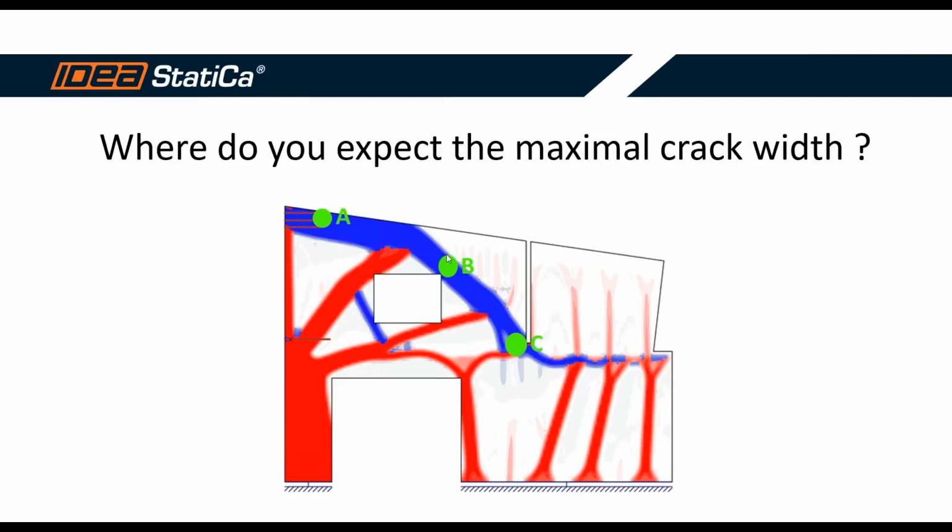B, next to the corner of the opening. Or C, somewhere here in the middle part of the wall. Please pick your selection A, B, or C and type the letter into the question panel of GoToWebinar. And Lukáš will show you the results of the crack checks. I give you a couple more seconds.